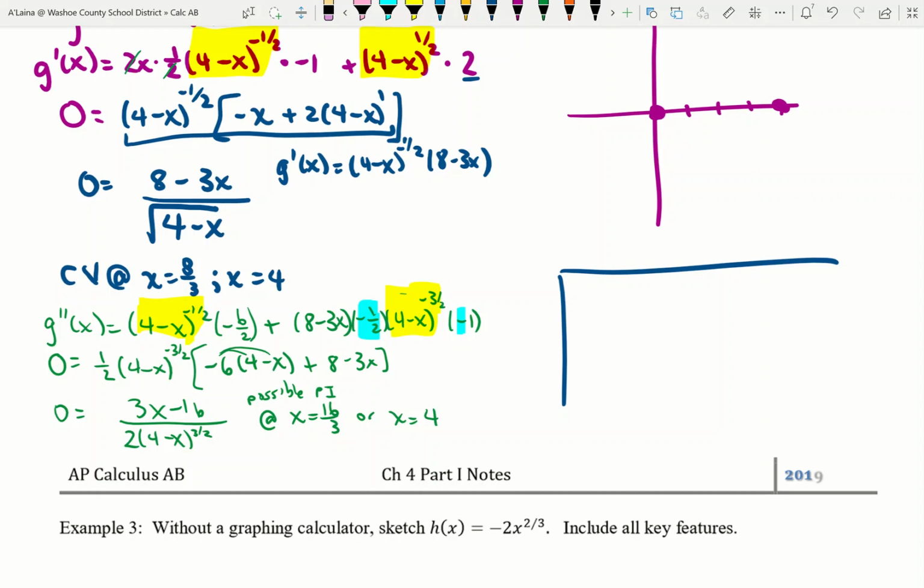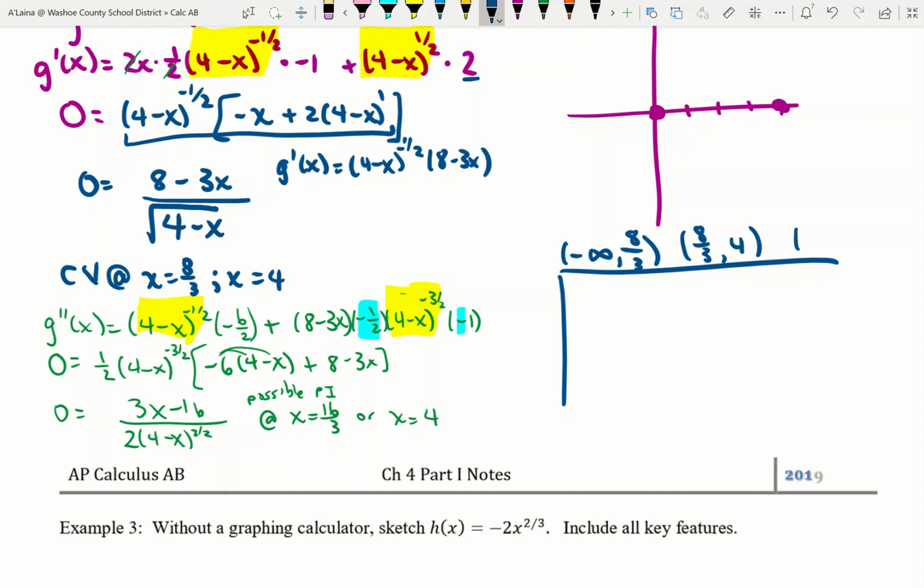So I have 8/3, and 4 are my points of interest, and 16/3. Okay, so those are my ones. So I'm going to go from -infinity to 8/3 because that's the smaller value, and then from 8/3 to 4.